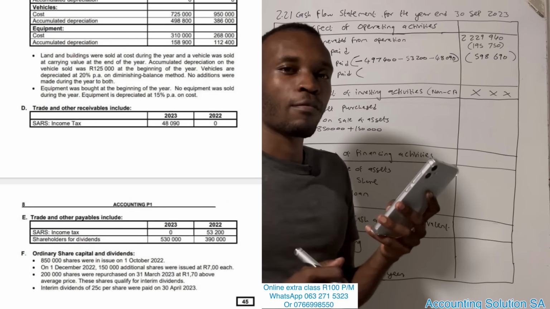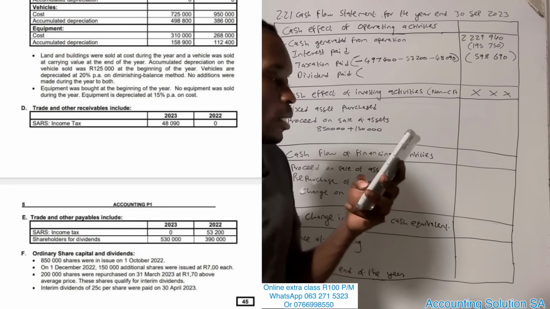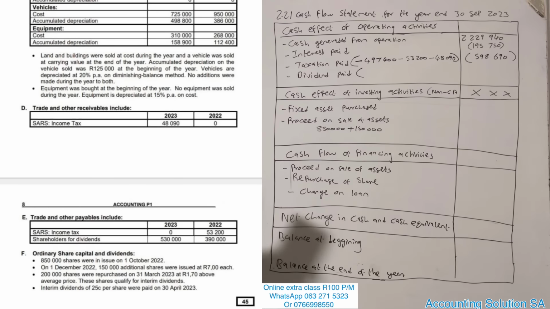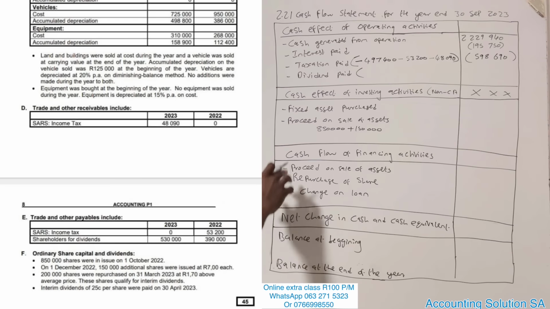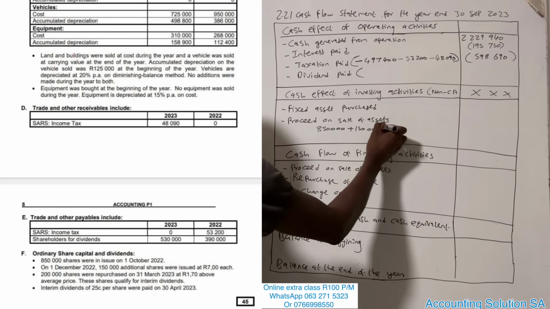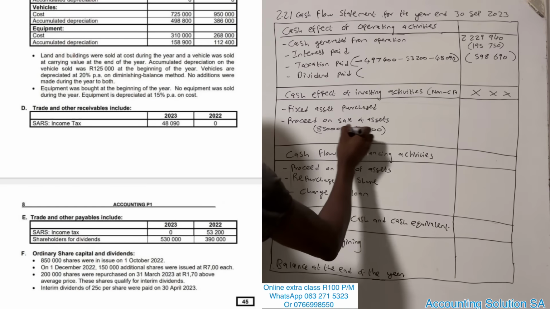They still qualify for what? For dividends. Okay, so which means that we are not going to subtract them. We must just add these two, and after that we multiply by 25 cents.